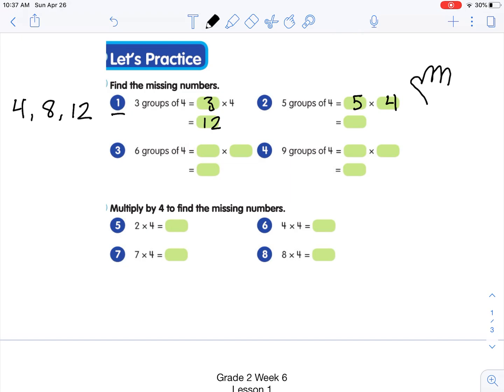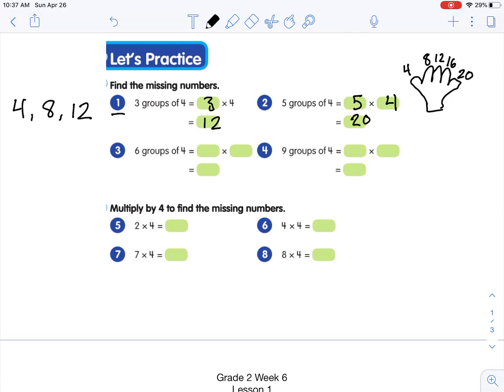I'm going to do a little hand here. Right. And we do it 5 times. We would have 4, 8, 12, 16, 20. 5 times 4 is 20. Nice job.